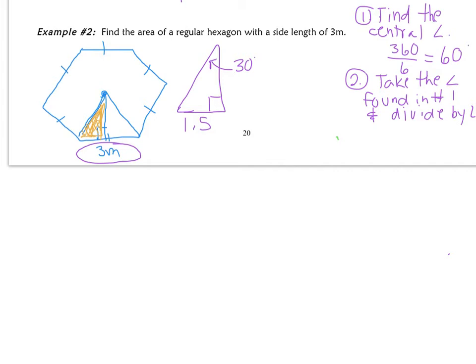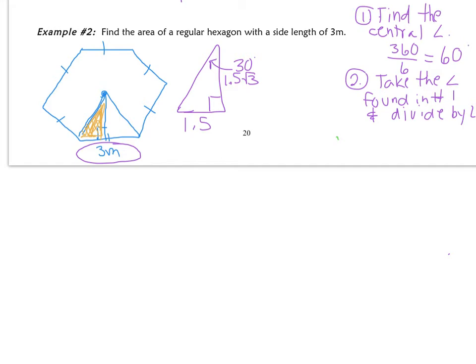Okay, remember that my ultimate goal here is to find the area of this little right triangle. To find the area of any triangle, what you need is the base and its height. Now I have the base, I don't have the height. However, I do notice it's a special right triangle, and because 30 degrees is this top angle and I have the side across from it, I have the short leg. So the long leg, which happens to be my height, is 1.5 and then square root of 3.